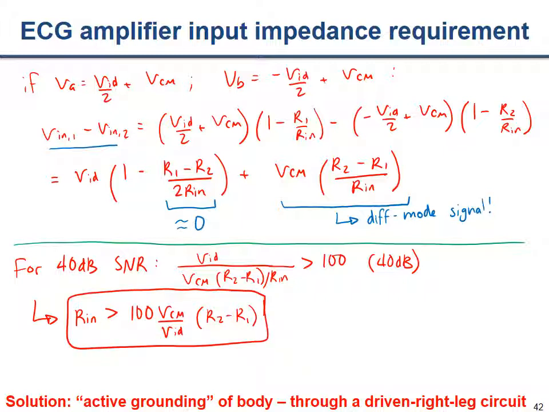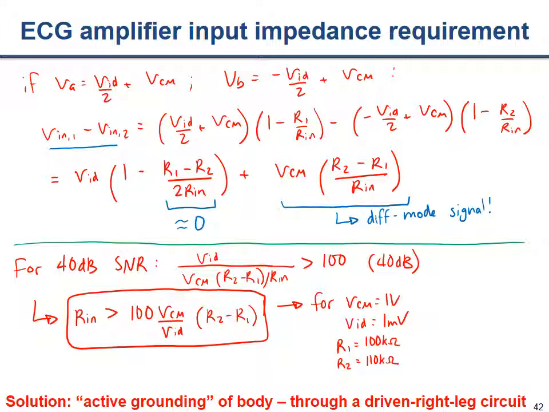Let's just go through the example that we discussed earlier. For VCM equals 1 volt, VID is 1 millivolt, so we have 60 hertz common mode interference at 1 volt. Our ECG signal is at 1 millivolt. Let's say R1 is 100 kiloohms and R2 is 110 kiloohms.